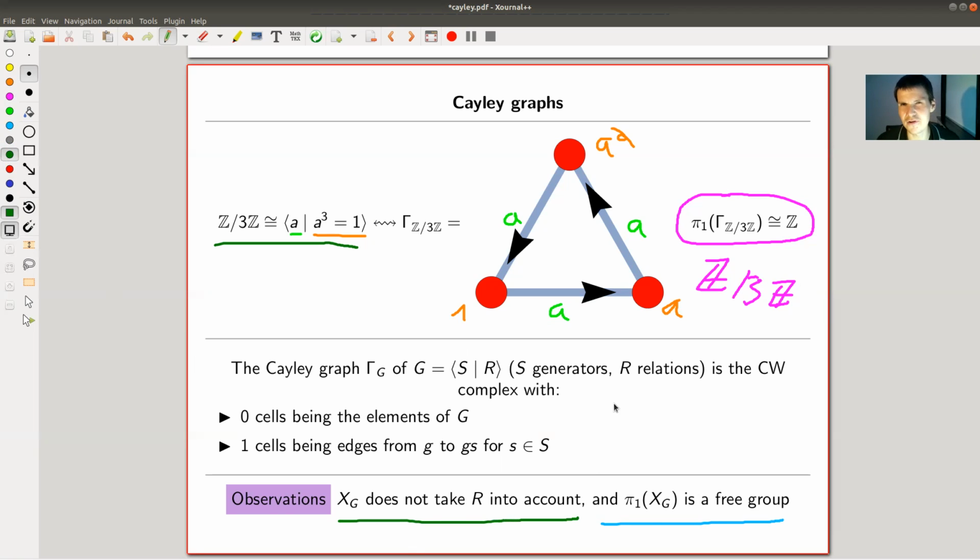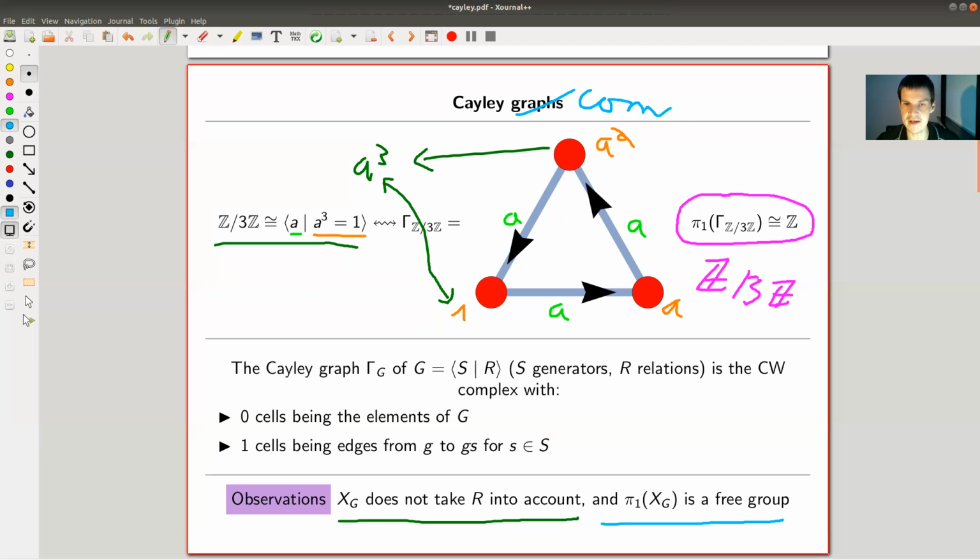It does, of course, kind of implicitly, because instead of adding a new edge to A cubed, I know that those two are the same by the relations. But this is a sneaky way, not really an explicit way of taking R into account. Much better would be to have a topological space where I can literally read off R. And that's the whole point of defining Cayley complexes.